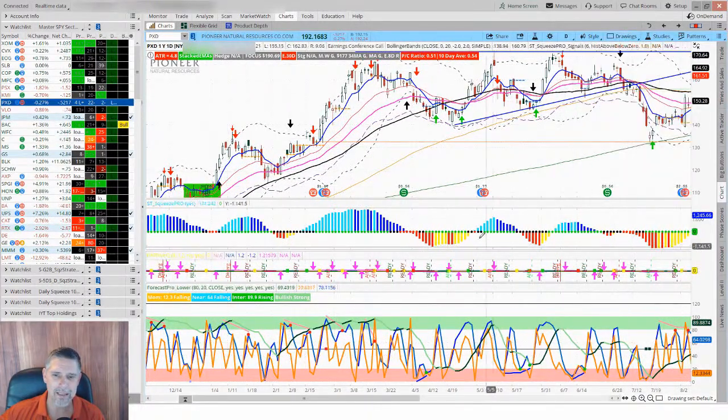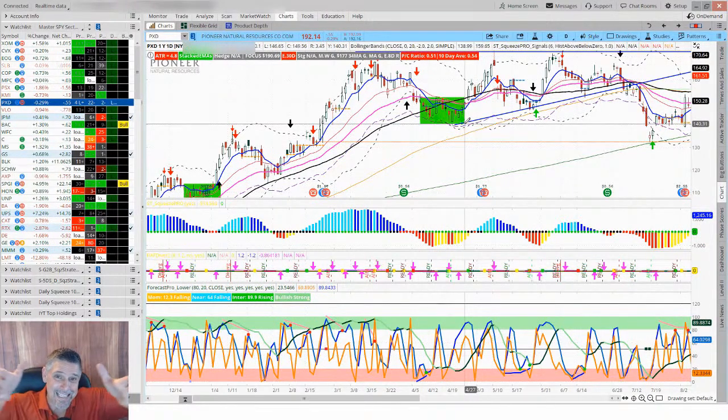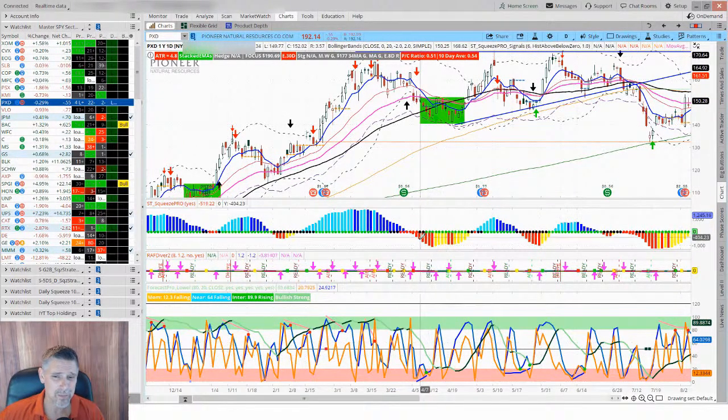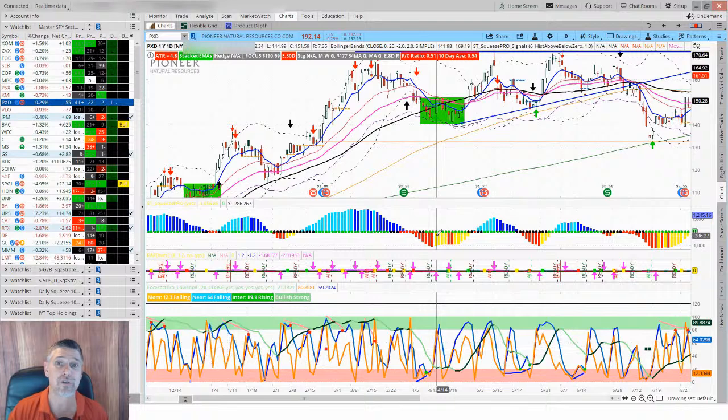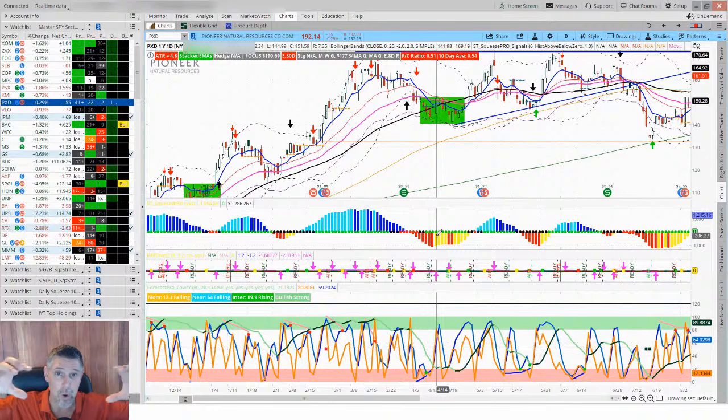Let's draw a box around. Okay, so here was a squeeze. Here was a squeeze right kind of in this area. What I like to do is look for the tightest areas. Now, in this particular case, it's interesting because the squeeze fired. I just used the squeeze as a guiding point, but what I'm trying to do is identify the contraction zones.